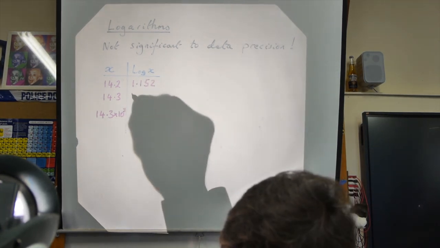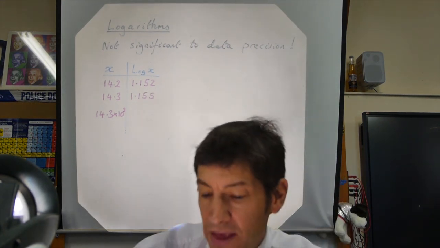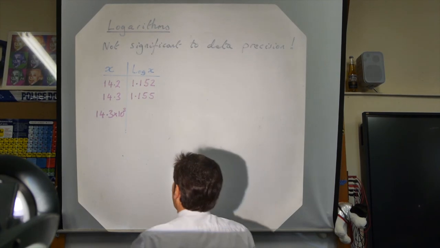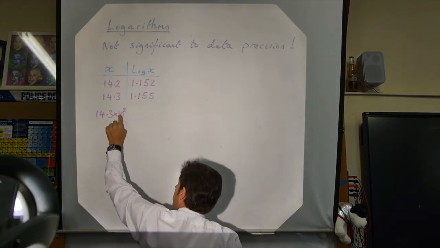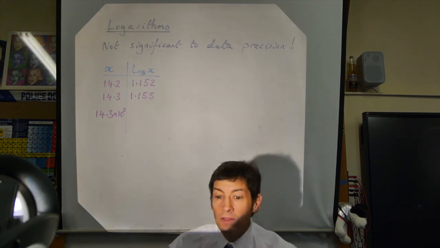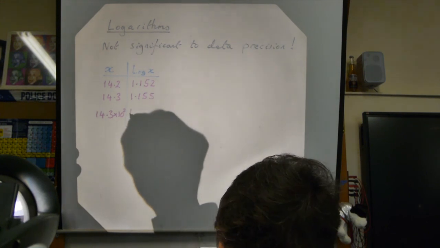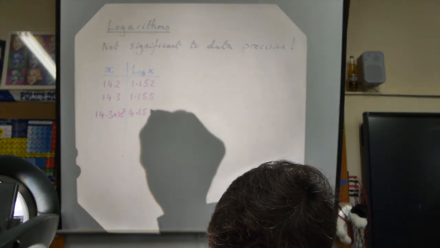Bit more than 10, 1.155. And then here's the interesting bit. There's the 10, and there's another 3 orders of magnitude, so that's sort of 10,000, so 4.155.